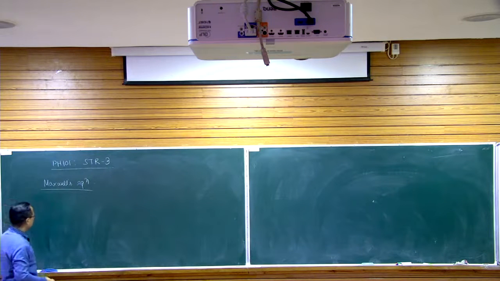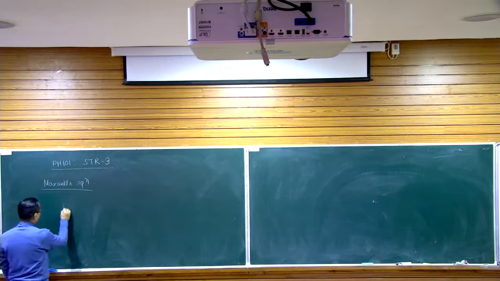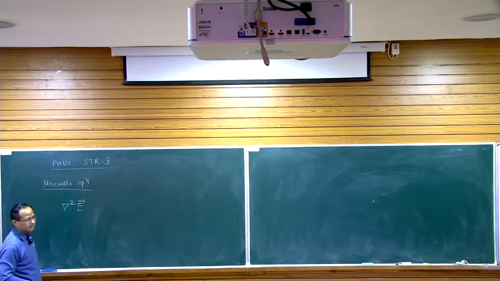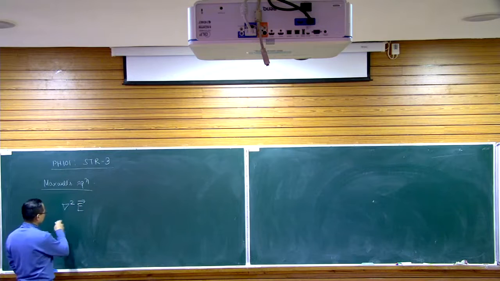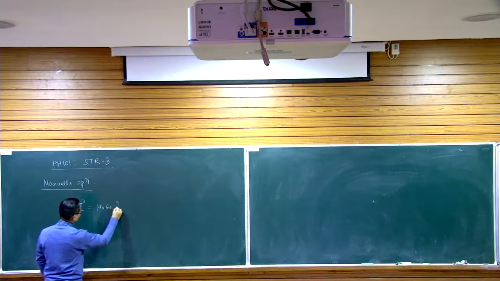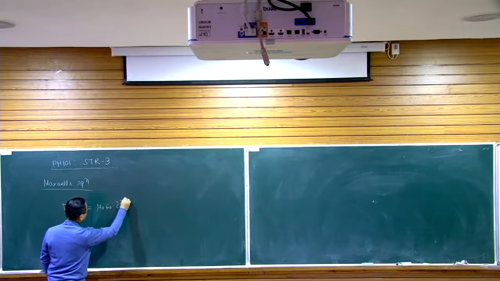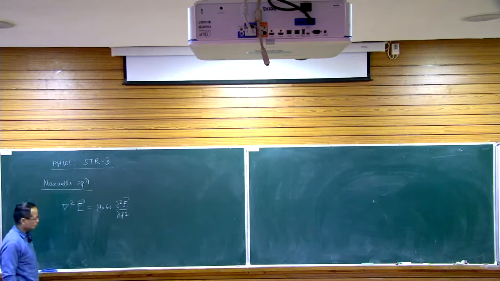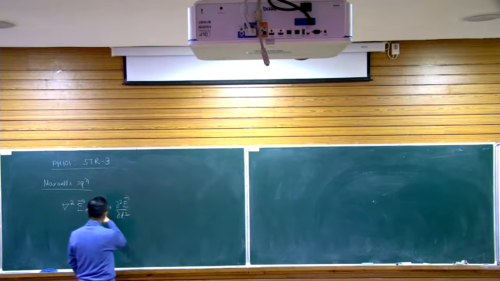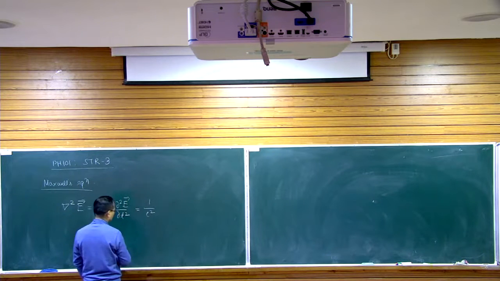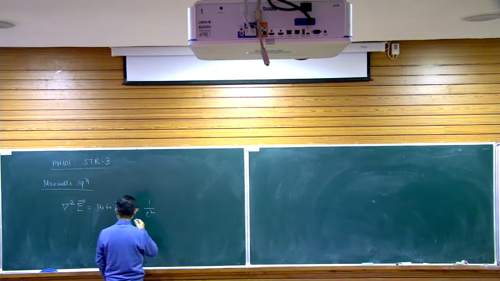In the case of Maxwell equation, if there is an electric field defined in vacuum, let's say the electric field is E, then del square E is written as mu naught epsilon naught del square E by del T square. And this mu naught epsilon naught is found to be 1 upon c square, which is also the speed of light.